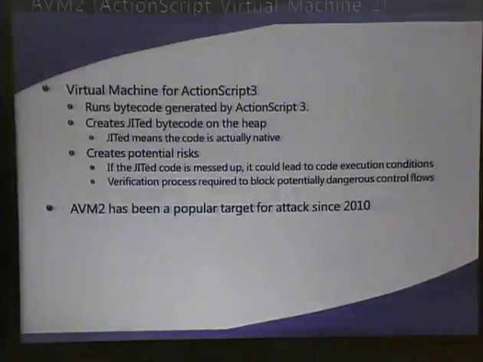You probably all know about JIT technology, right? This is just-in-time compilation. When the virtual machine reads the bytecode, it dynamically generates native code on the heap. Sometimes this creates potential security risks.